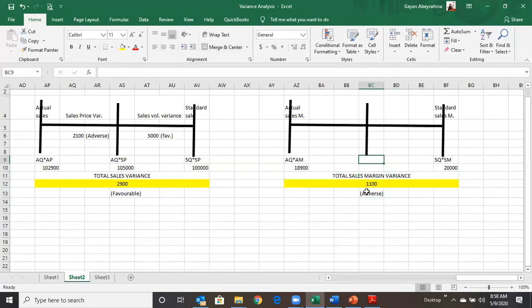Here also the middle part, the answer is a difference. I will tell you, you may identify the reason in future. Actual quantity into standard margin, here you can calculate it.